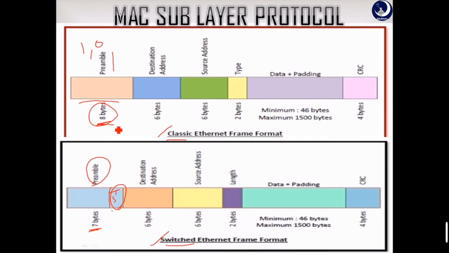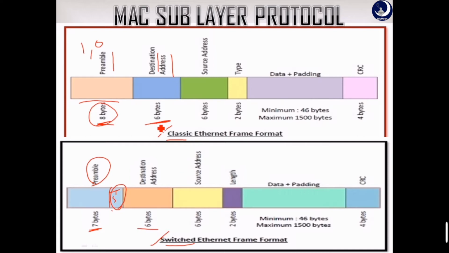Next is followed by the destination address, which is of 6 bytes in both the addressing formats. This destination address stores the address of the destination, which means where the packet has to be transmitted, that location will be stored here. If it consists of all ones, the destination is the broadcast.